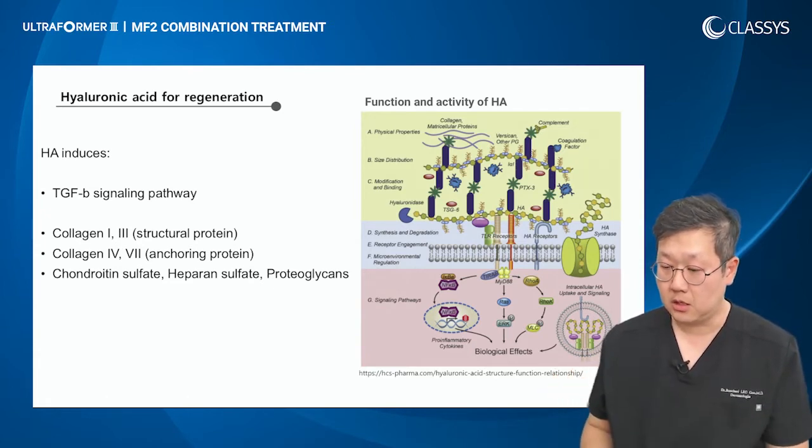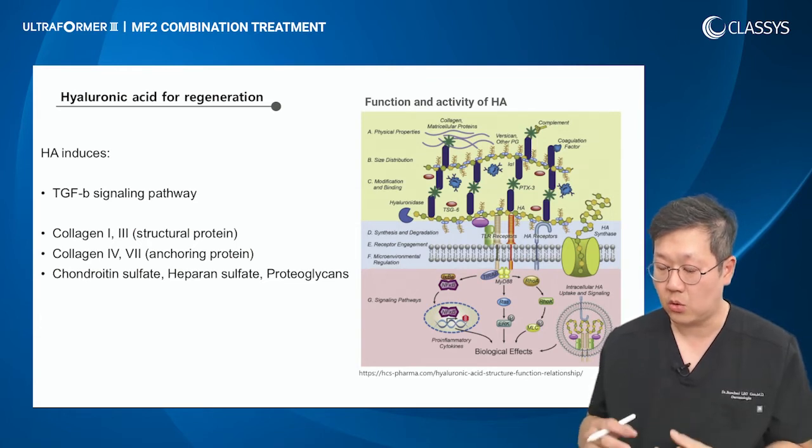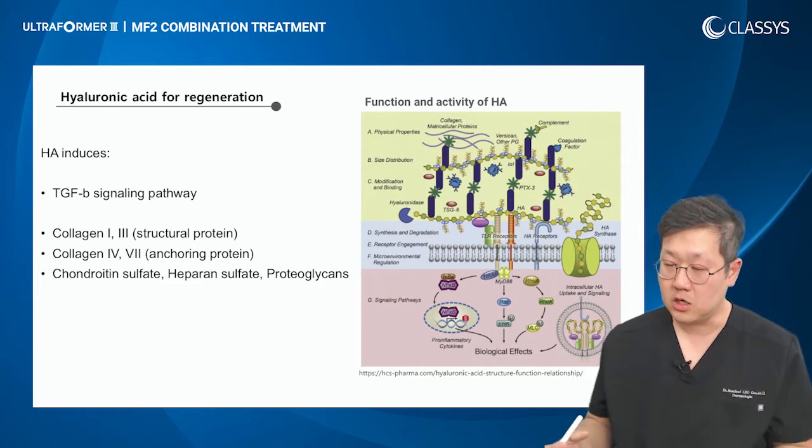So there are very few skin boosters or other kinds of mesotherapy units or drugs that can increase all of them. But hyaluronic acid by itself can make a regeneration, and its property is quite remarkable.